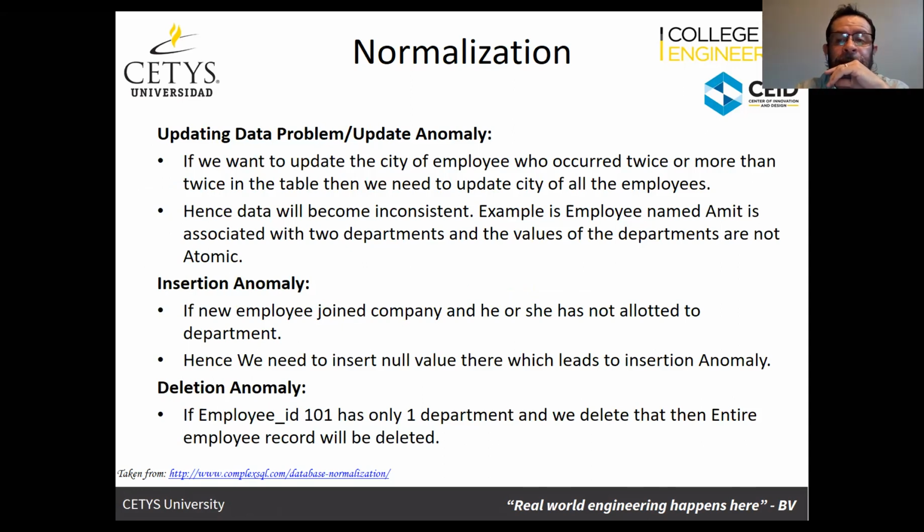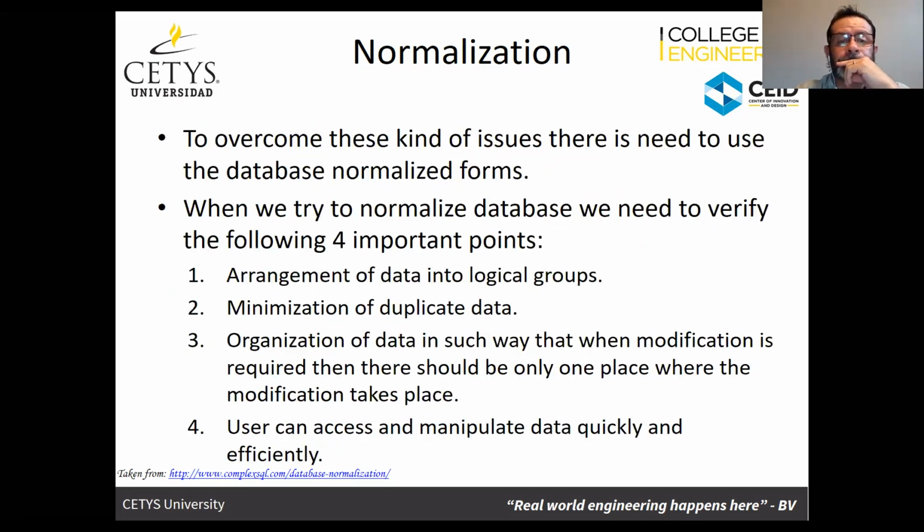And what we mentioned, if we delete one of the employees that's assigned to a department that nobody else has, that department, that information, because in the end that's going to be information I want to process, is going to be lost, okay? This is what we want to avoid. And normalization is going to help us with that.